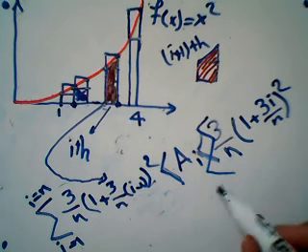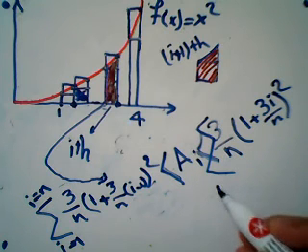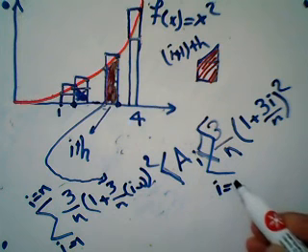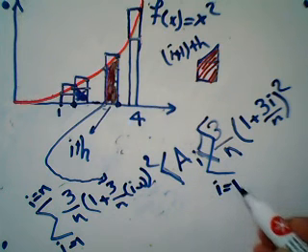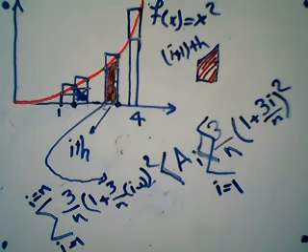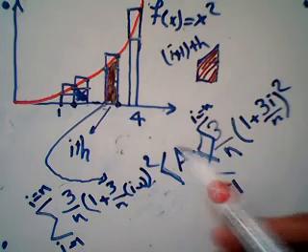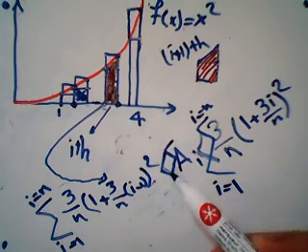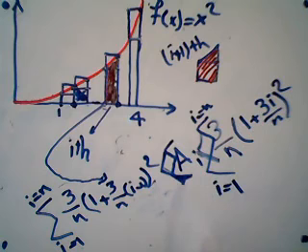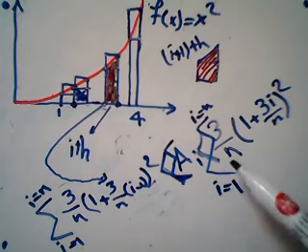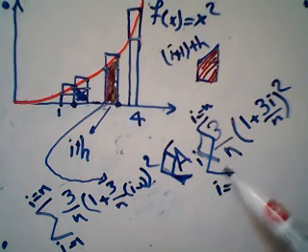It is also from i equals 1 to i equals n, and here we also got the sigma, adding the corresponding terms of each inequality.